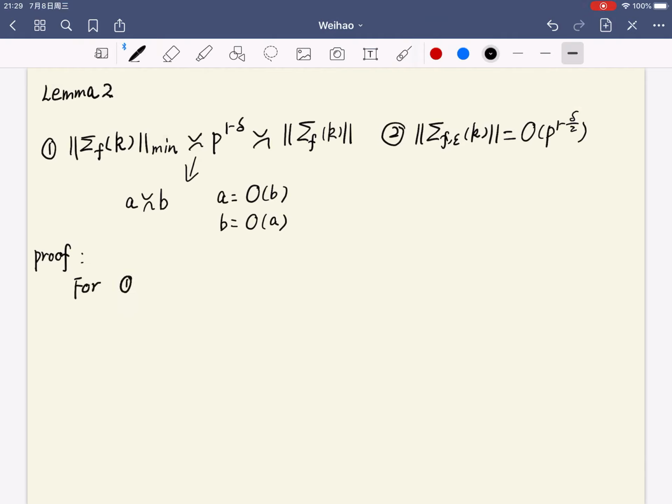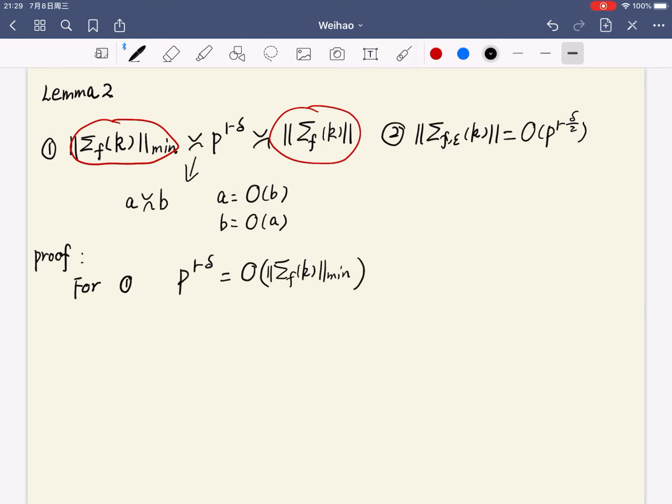For one, since we know that this term is automatically lower than this term, it remains to show that, and, if we can show these two, then we can get 1.